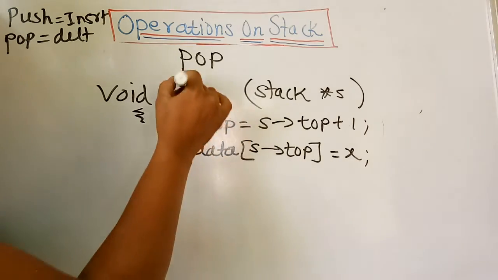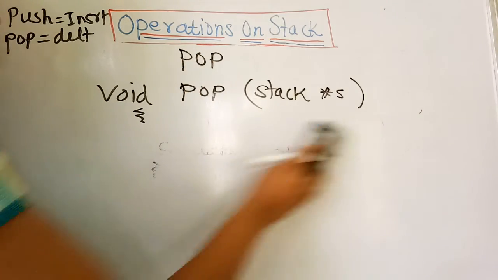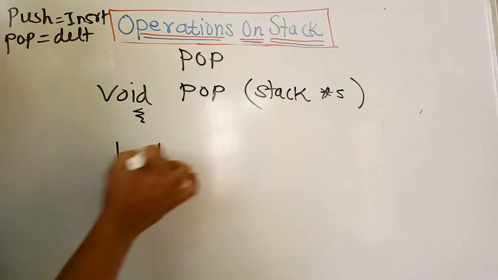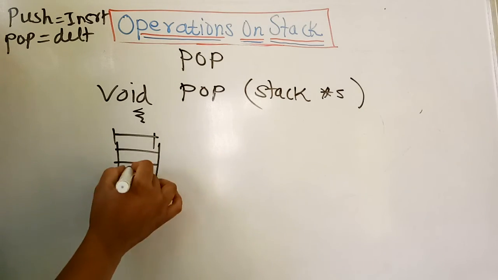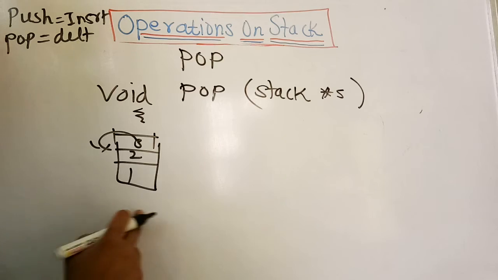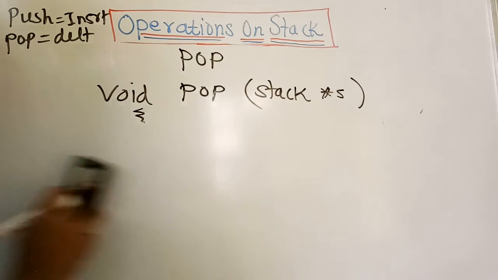So here it is a while pop. The procedure changes slightly here. When we are deleting an element from the stack, for example 1, 2, 3, there will be one variable which will store the deleted value and display it later for the demonstration.